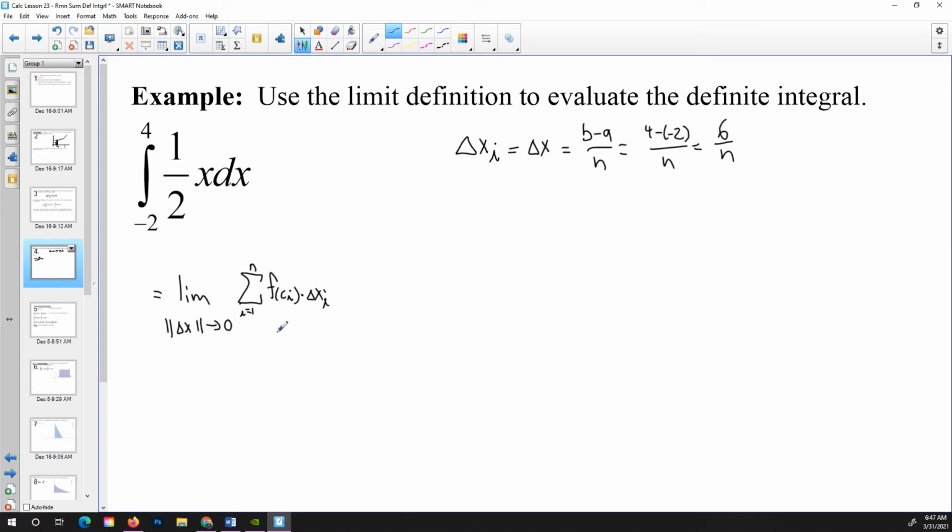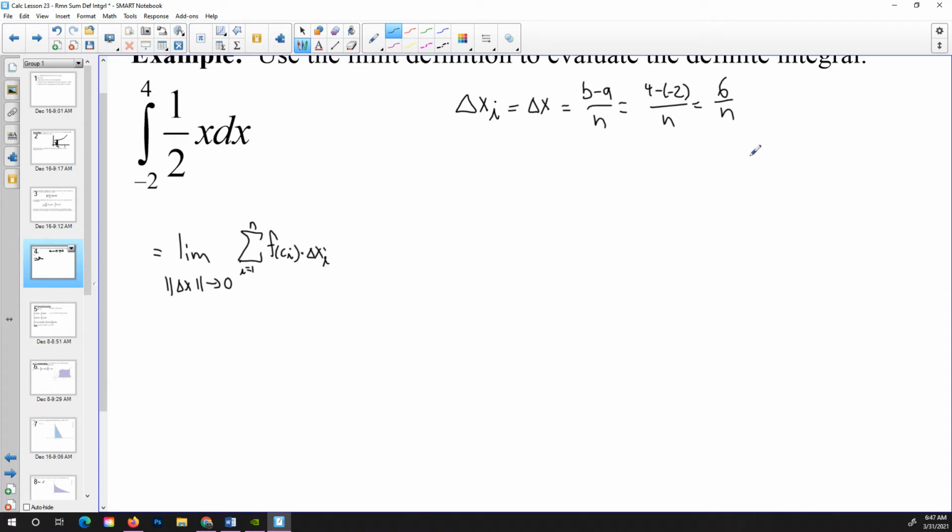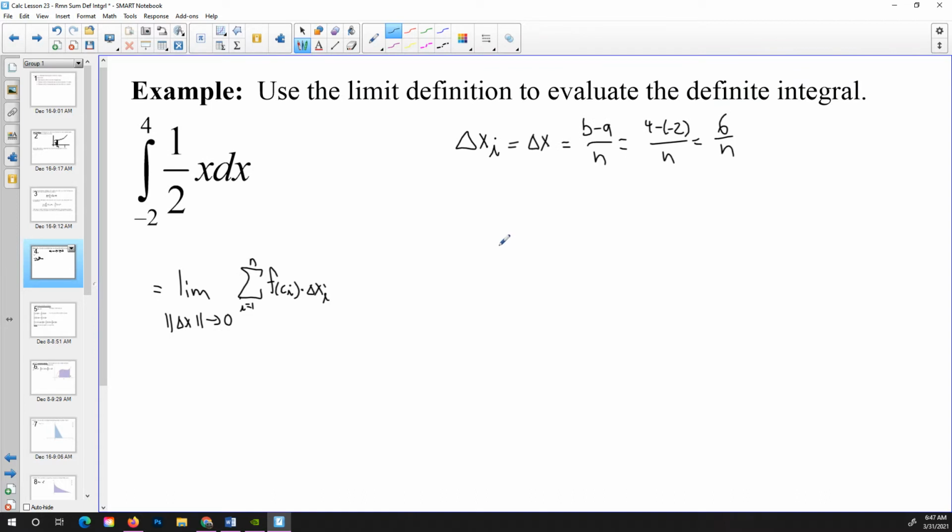All right, well, this ci, we're starting at negative 2, and we're going to be adding these partitions to it over and over again. So if I want to come up with this ci, in this case, it's going to be a, where we start, plus the counter that we're on, where we're at in the summation, times our change, delta x.